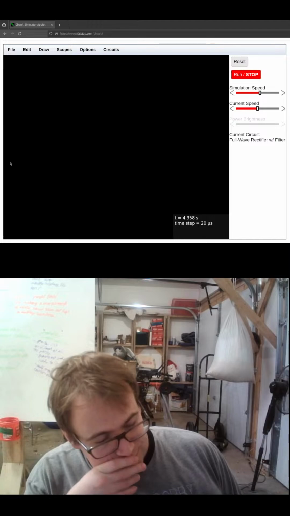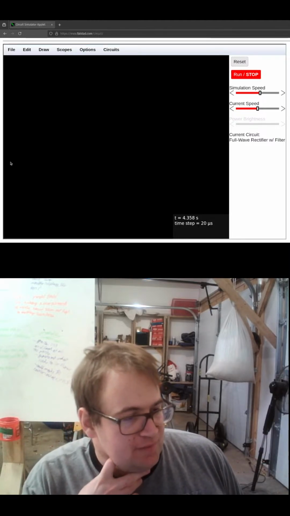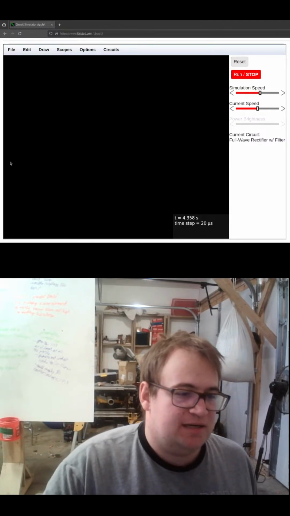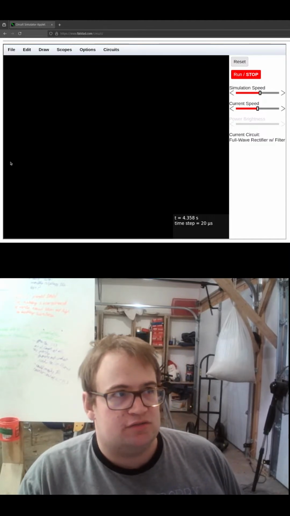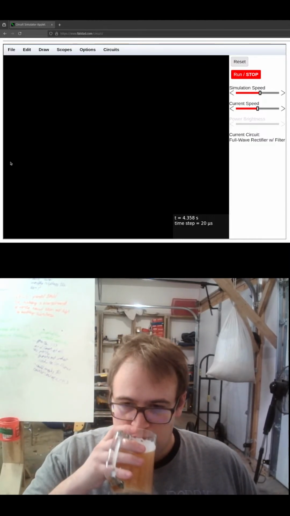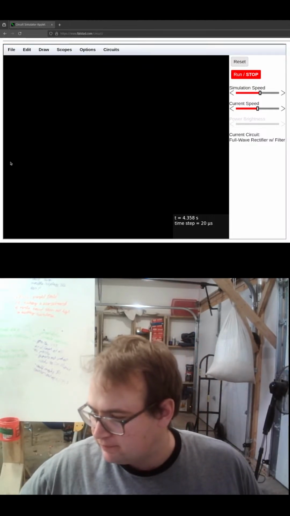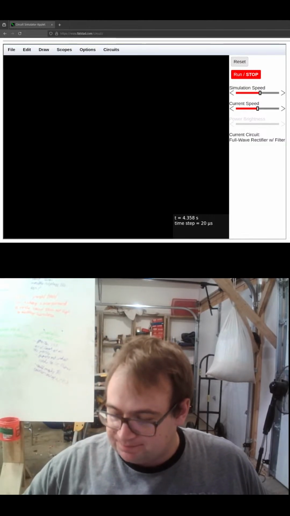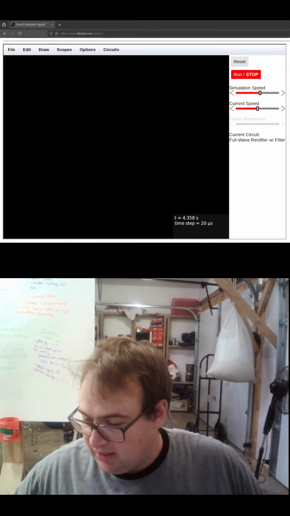But the reason I want to talk about it is that I am planning to update my dusk to dawn circuit using something similar to this. So, the reason for that is because this is a MOSFET differential amplifier.